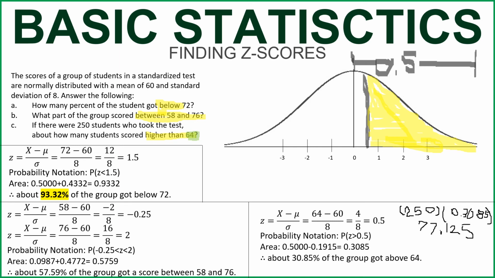So, wala namang decimal na tao, di ba? Hindi naman pwedeng kalahating student. So, manananggal na yung tawag doon. So, yung gagawin natin is round down. So our answer is 77. Okay. 77 students. So, yung final answer natin is 77 students.